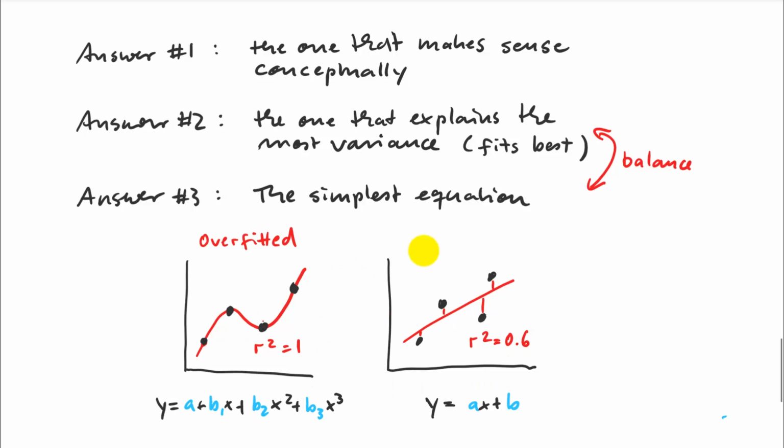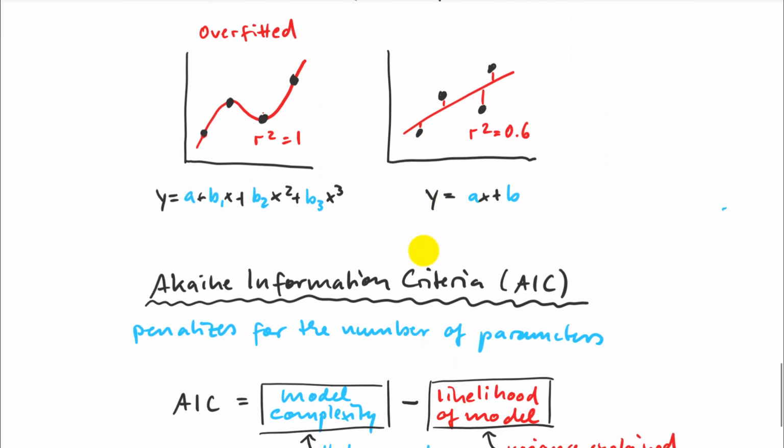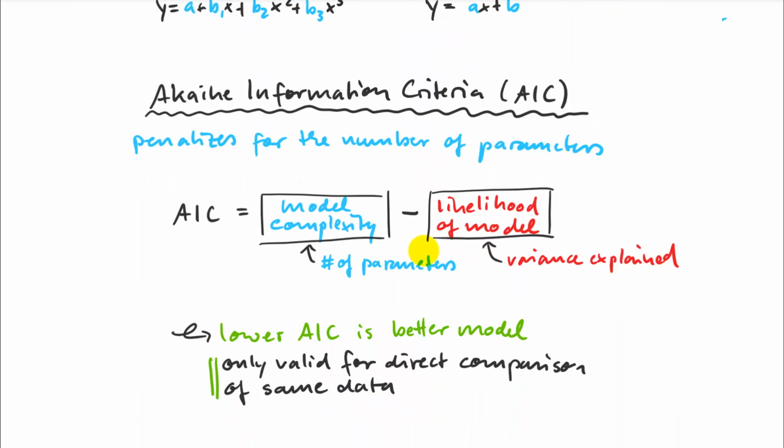In a more complicated situation, there's actually a very useful criterion to determine a function that best balances the model complexity with the variance that the function can explain. That's called the Akaike information criterion and is abbreviated as AIC.